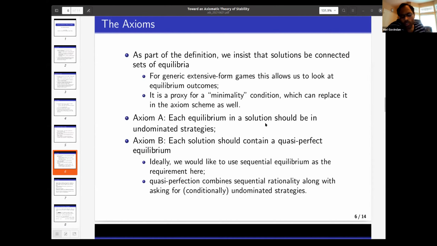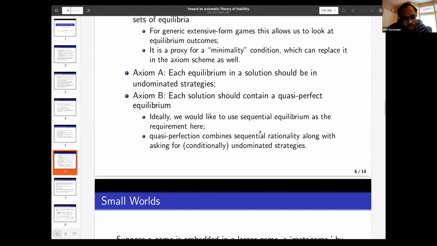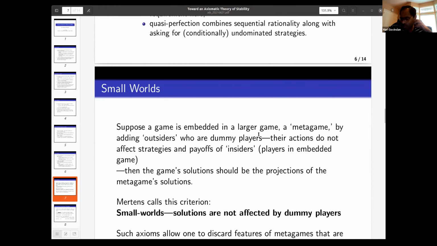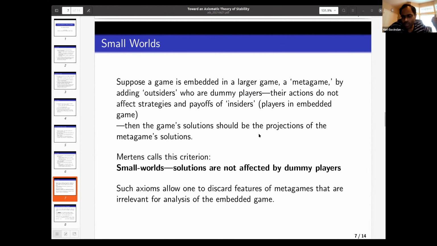Okay, so those are the two axioms about admissibility and backward induction. Now let me talk about the small worlds axiom, which is the third axiom that featured in our earlier paper. If we embed the game in a meta game, say Alice and Bob are playing a game, I call them insiders, and there are other players, I'm going to call them outsiders.